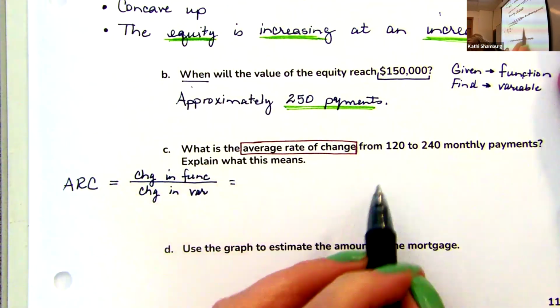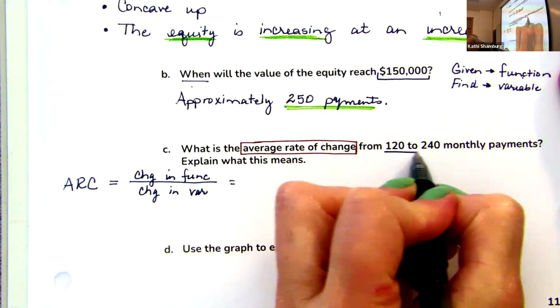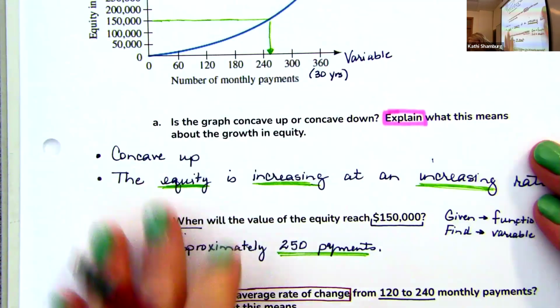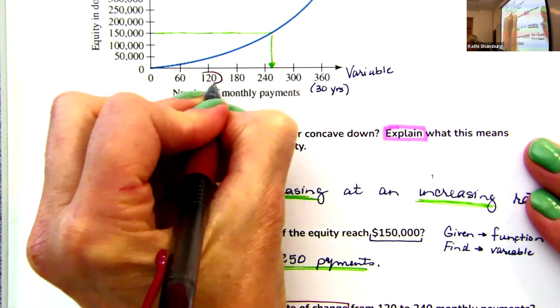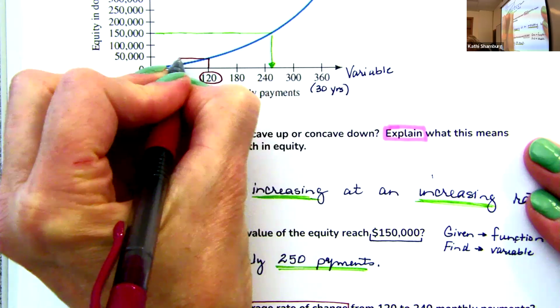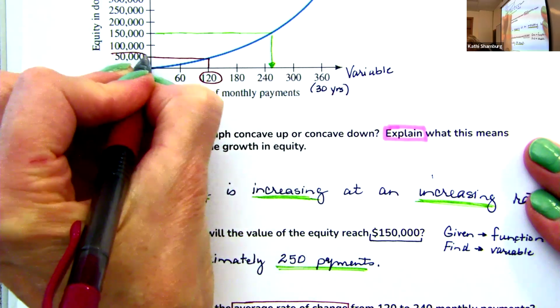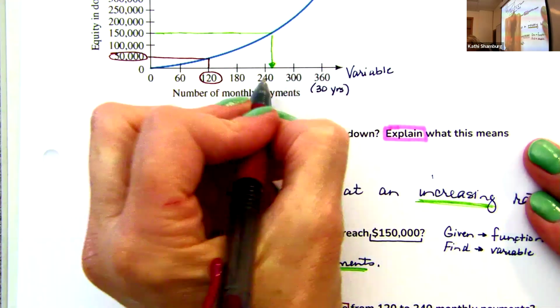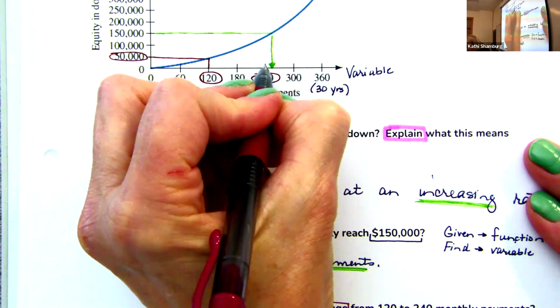All right, so this says from 120 to 240 monthly payments. So here's 120, and it goes with, it appears, 50,000. And then it says 240.